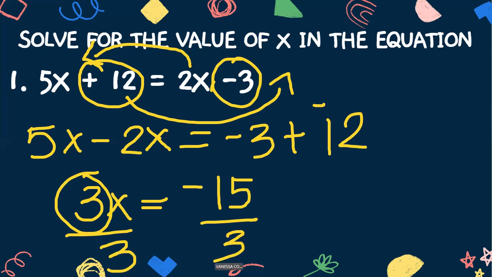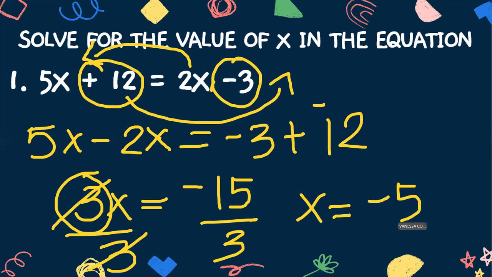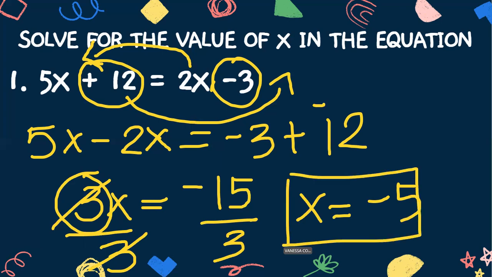So, cancel na natin si 3. Ang matitira na lang po is si x is equals to, and then divide natin. Negative 15 divided by 3, so that is negative 5. Alright? Negative 5. So, ang ating sagot dito is x is equals to negative 5.